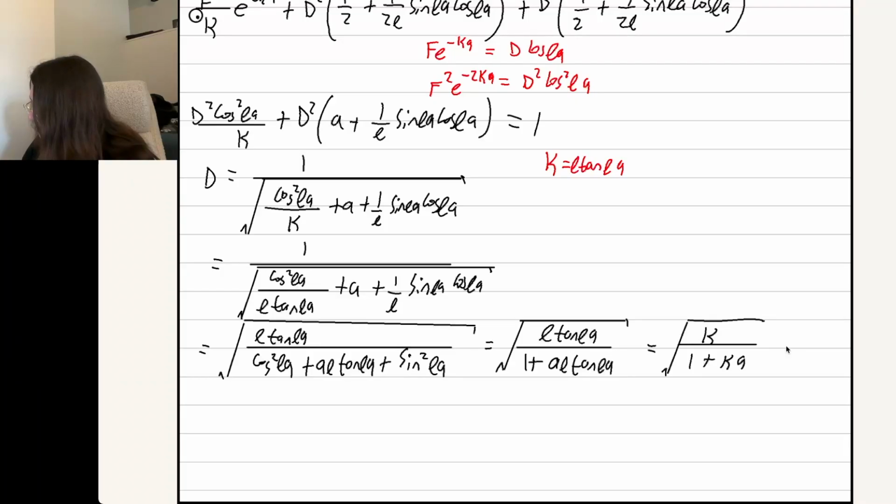Okay. And then, so that's d. We can also figure out f just from this relation up here. So it's going to be e to the kappa a cosine La, and then times this funky little radical. But yeah, get normalized.